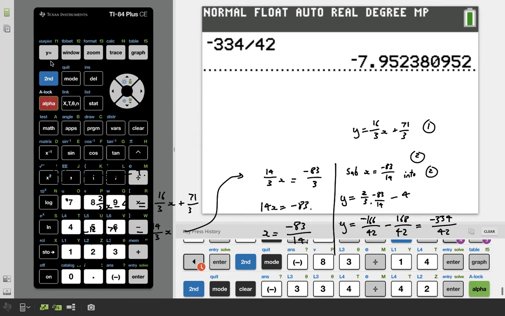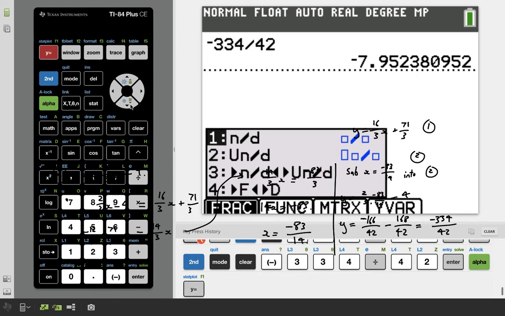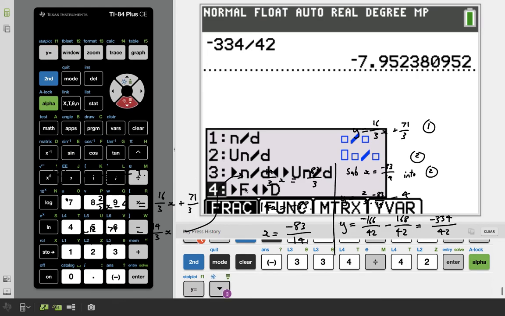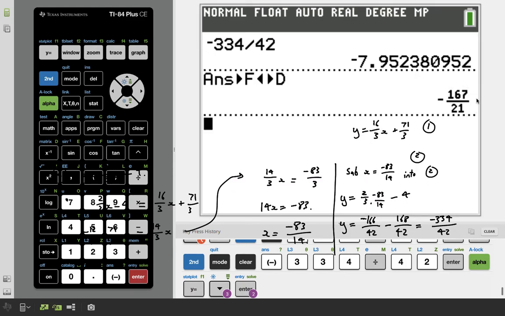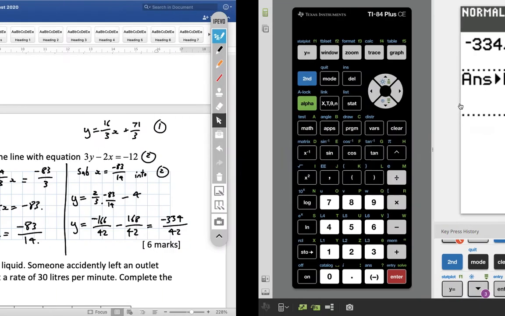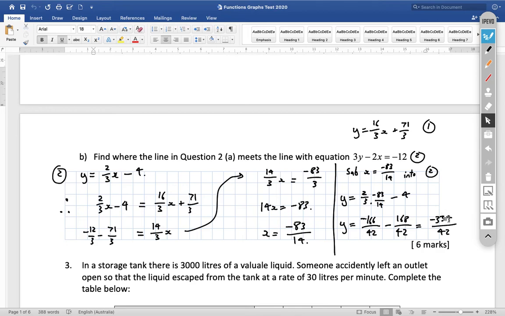If you press alpha F1, fraction to decimal, it's down here, F to D. Alright, so there's the fraction at the simplest form. I could have got to that without the calculator. I could have just halved this and this. There's not enough room here, which is a little bit annoying.